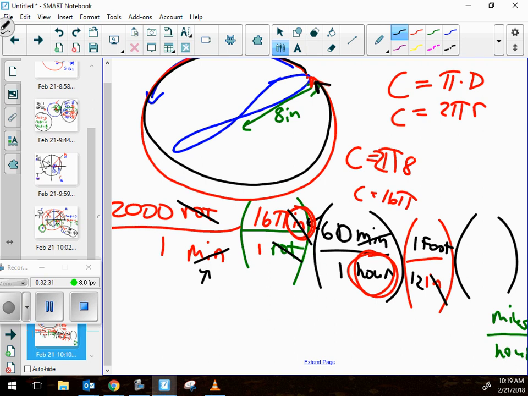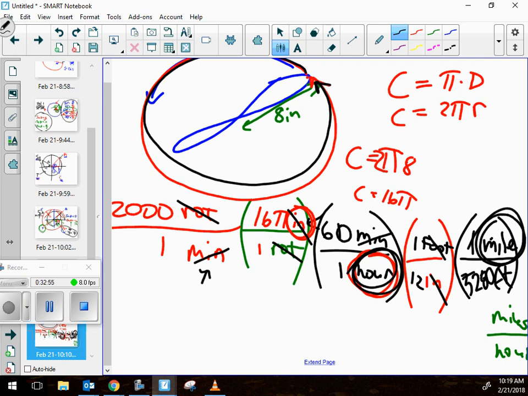But where should I put it? Top or bottom? Bottom, because I need feet to cancel feet, so the feet need to be down here. 5,280. And then this is 1 mile. That means my answer is in miles per hour. Cool. You multiply all the way across the top, multiply all across the bottom, and you divide them.